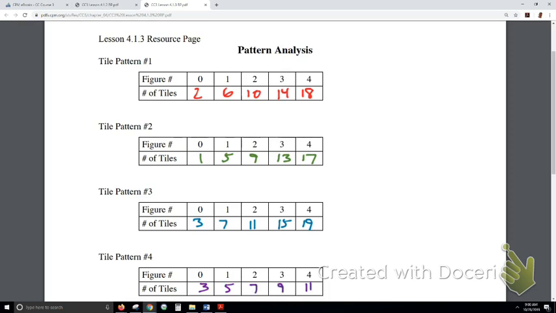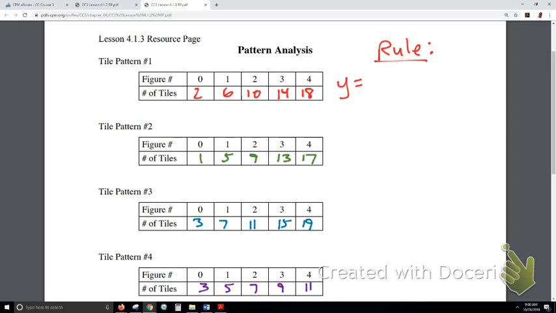Again, you came up with the equations yourselves from yesterday, so it really should not be anything new, but let's just go over it one more time. As on your handout, you should see that you're going to have a y equals, and we're going to make this right side the rule side, okay?